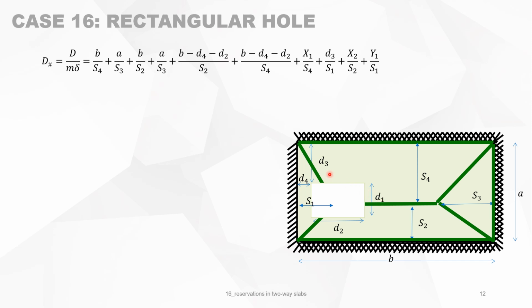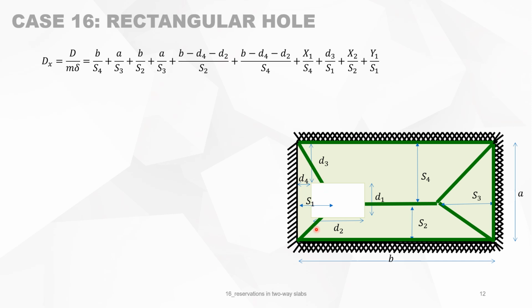Then we come to the yield lines. So we got this portion here projected on this axis equal to B minus this part. So B minus B4 minus B2, and projected on this axis is divided by S2, and projected on this side is divided by S4.